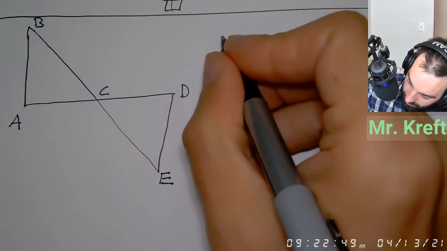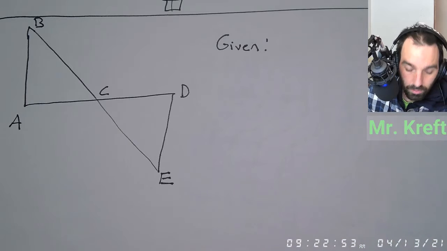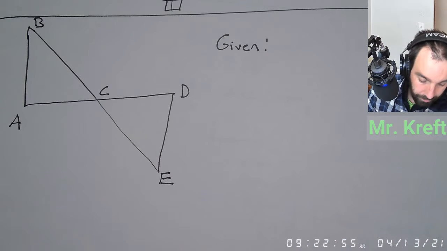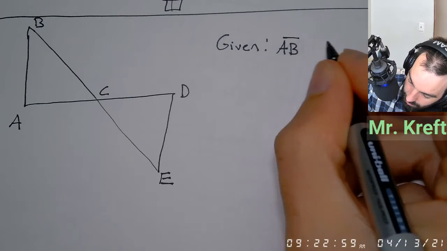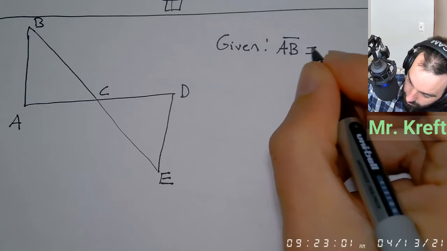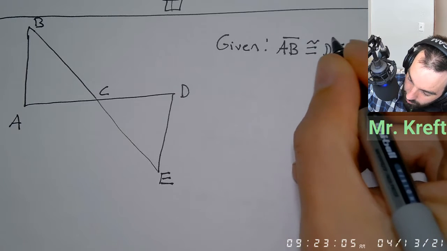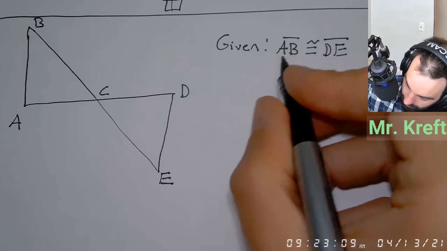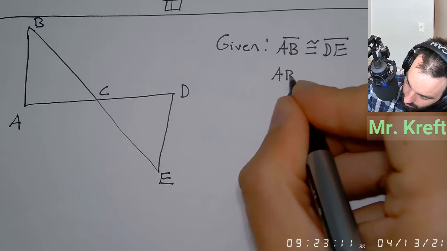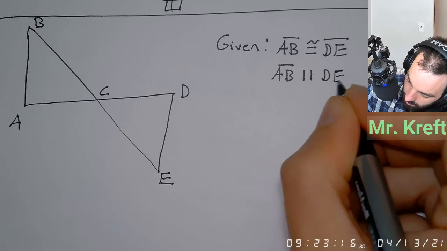Okay, and then I'm going to have a couple of givens. So for my given, I'm going to have segment AB is congruent to segment DE. Now remember, congruent means same size, same shape. And then I'm going to have segment AB is also parallel to segment DE.